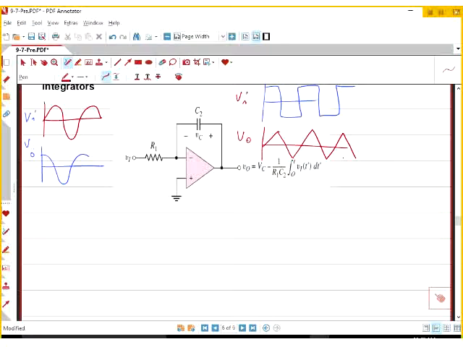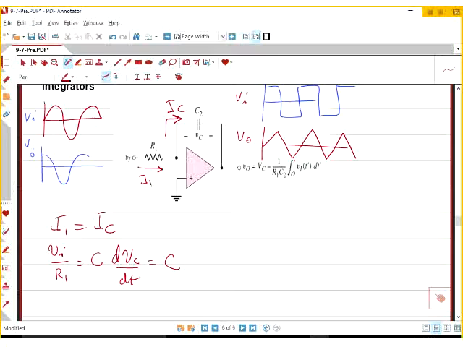So how to analyze this is straightforward. Your I1, and let's call this one IC. We know I1 has to be the same as IC. Your I1 is VI divided by R1. Your IC is C dVC dt. What is VC? VC is the voltage on the other side minus this side.